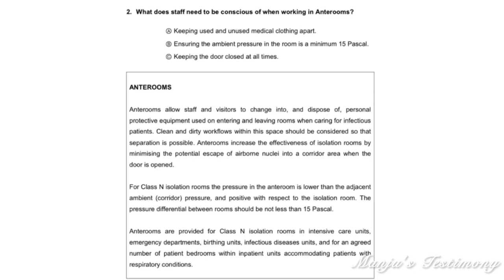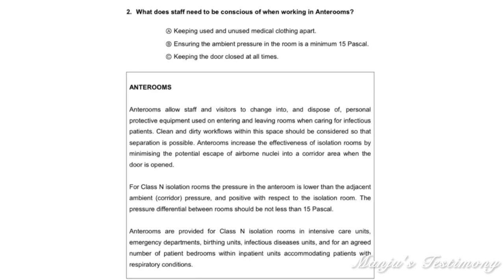It is mentioning that when the door is opened, this anteroom will prevent the escape of airborne nuclei from the isolation room to the outside corridor. So option C is also eliminated. So we now can fix option A as the right answer. Keeping used and unused medical clothing apart is the right answer for this question.